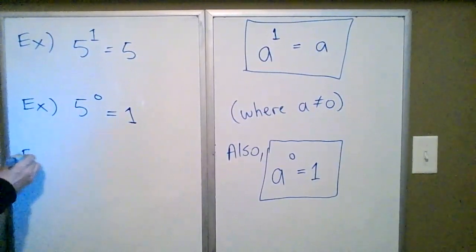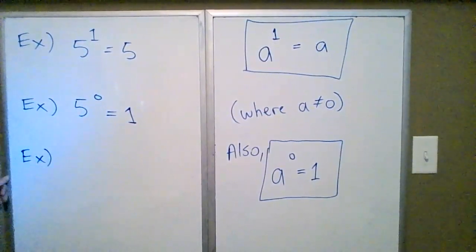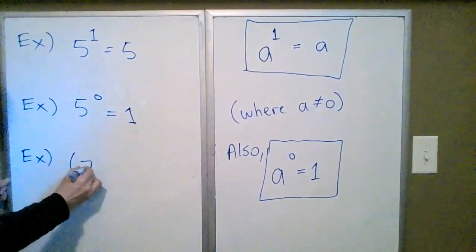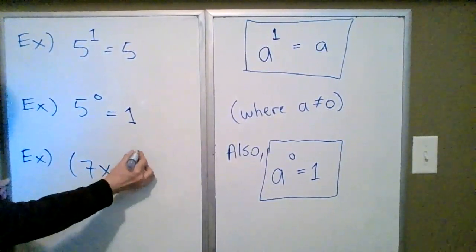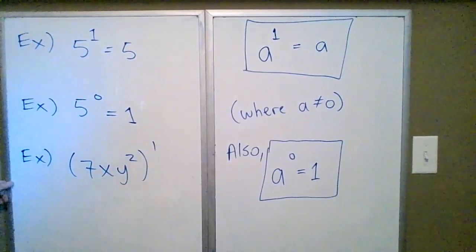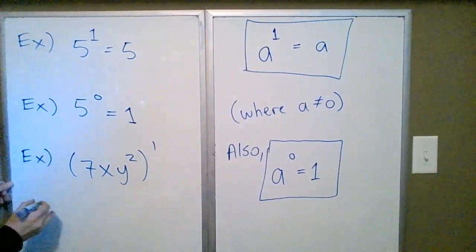Okay, this time we have 7xy squared. Power 1 is going to be 7xy squared.